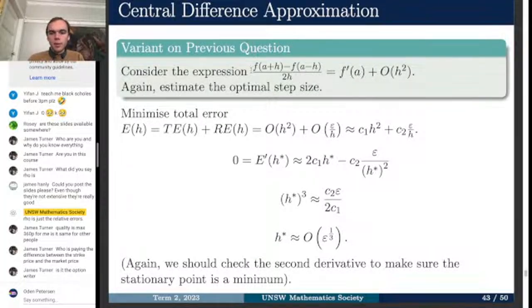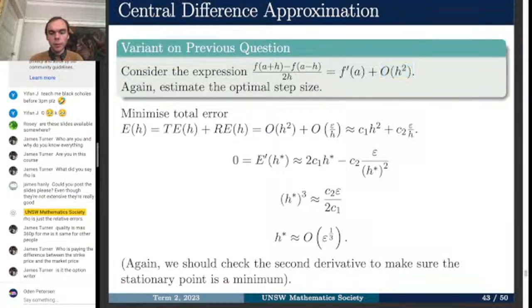So this is, I guess, a different way of doing the same thing of approximating the first derivative of a function, and this is the central difference approximation. So in this case, the rounding error will be the same, but the truncation error will be quadratic instead of linear. So hopefully we'll get a slightly better approximation.